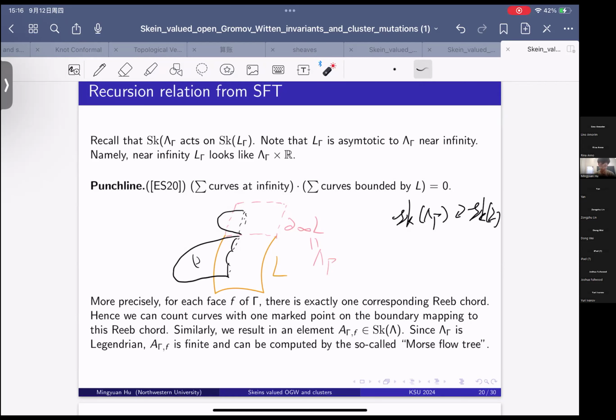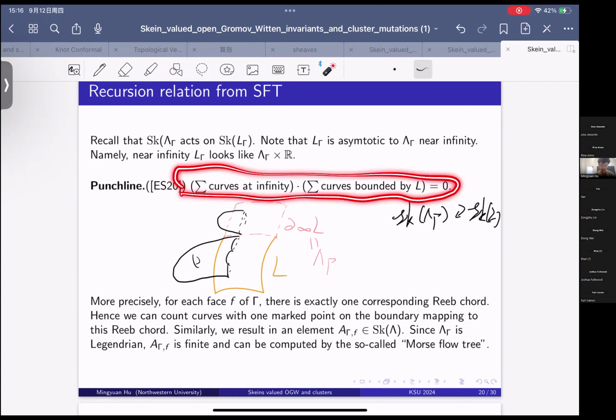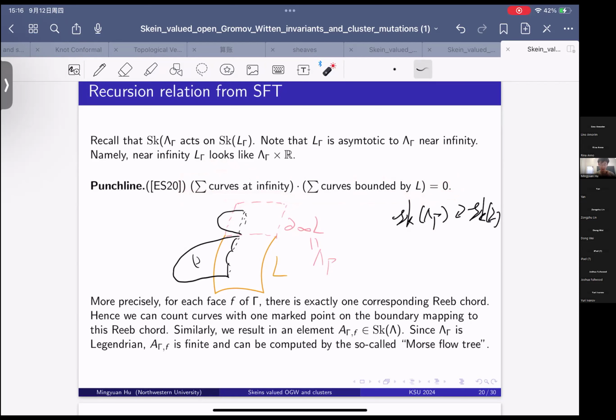So the idea is that if we expand this product, this would be like counting the boundary of some one-dimensional moduli space. So it's kind of like in Floer homology, where partial squared is zero. How do you prove partial is zero?